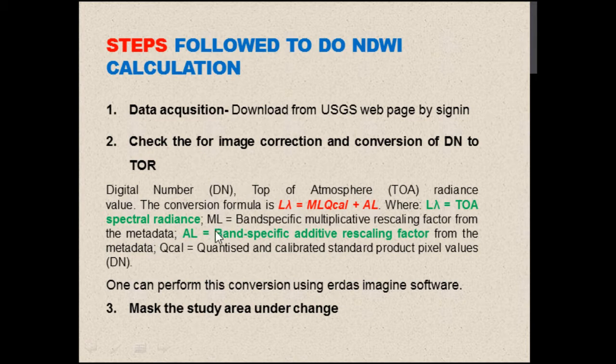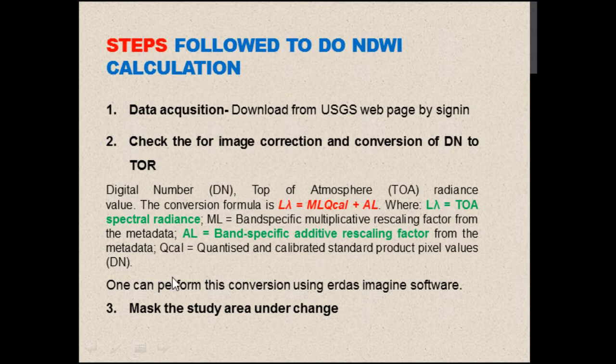So we will use this multiplicative rescaling factor from the metadata. AL is the band specific additive rescaling factor from the metadata, and QCAL is the quantized and calibrated standard product pixel values, that is the digital number.